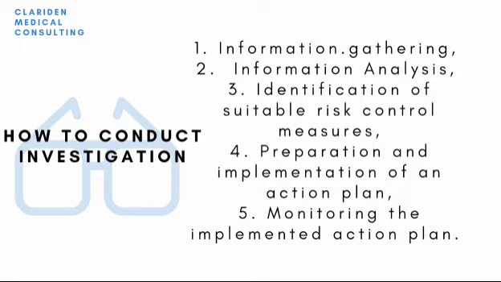Now, what actions should be taken to see that the control measures that have been put in place are established? That is what action plans are. What must be done to mitigate this from happening in the future? Those are action plans. Number 5, monitoring the implementation of the action plan.